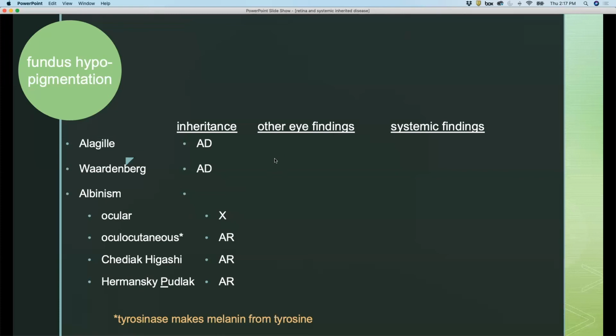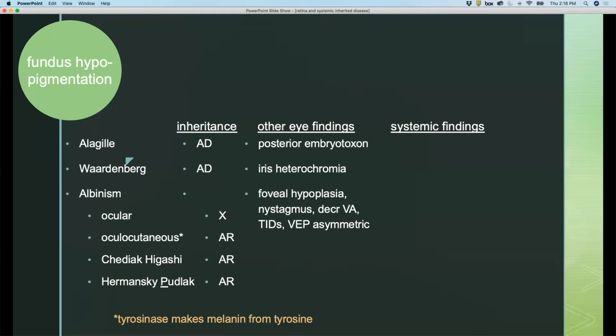And then Waardenburg syndrome. Do you remember anything about it? No, I don't. It has a white forelock and iris heterochromia. Basically everything I think of is from irregular pigmentation.